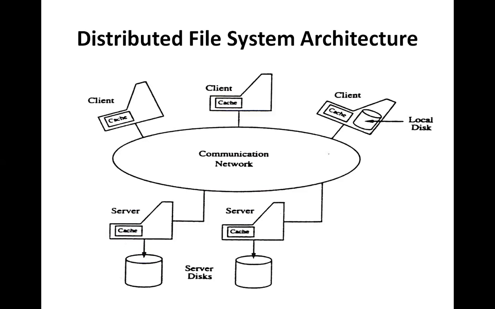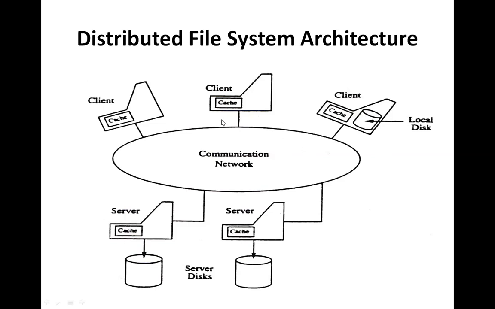We know that in a distributed file system, the files can be stored at any machine. We are seeing in this architectural diagram, the illustration shows that we have different clients, and these clients are connected with the different servers through the communication network. Normally the files can be stored at any machine, and the computation can be performed on any machine.